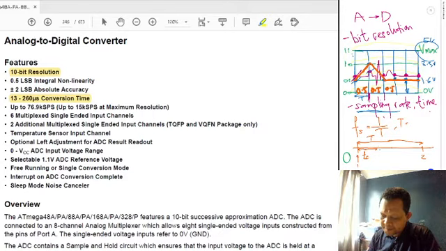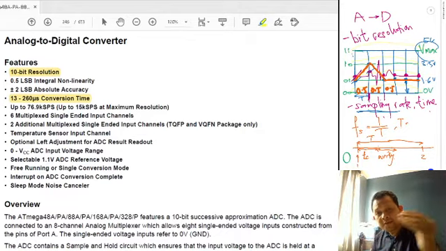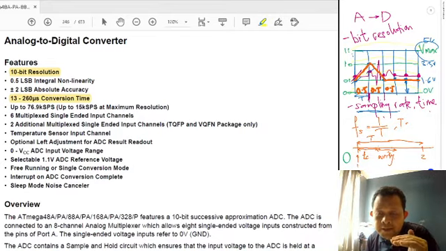We can have some other processes like writing to the RAM, because after you convert, you want to take the converted digital value and store it in the RAM. If we do programming, that will consume time, it will consume clock cycles. So there's a time to write.